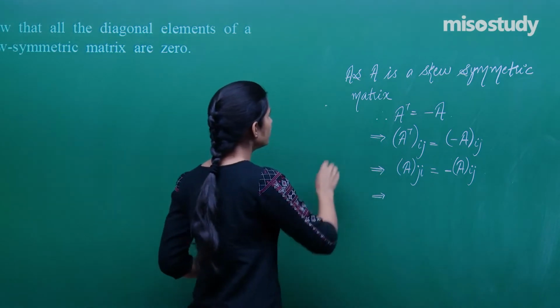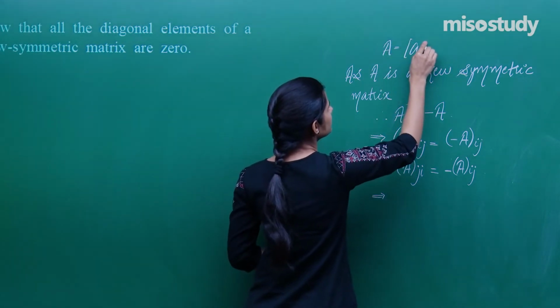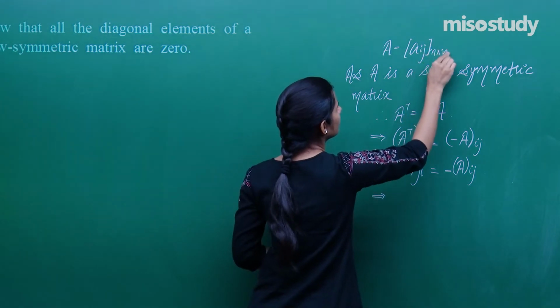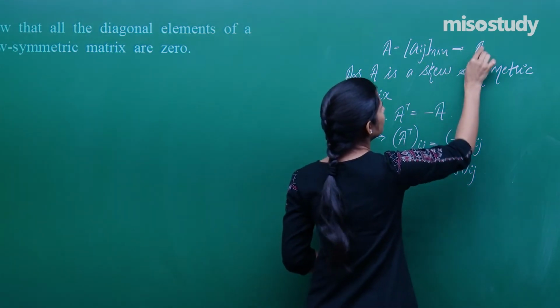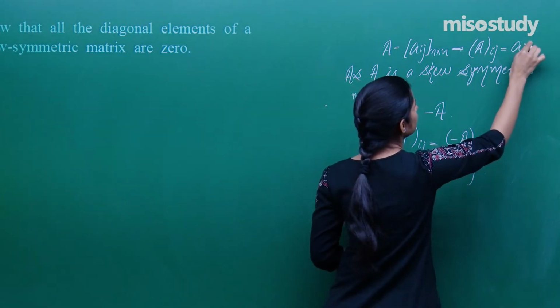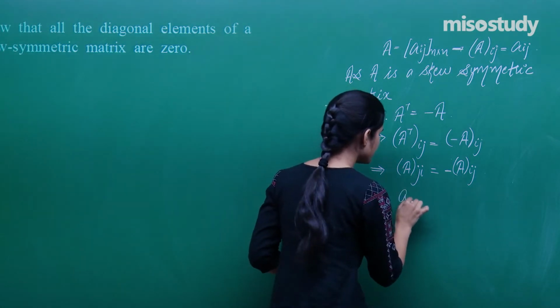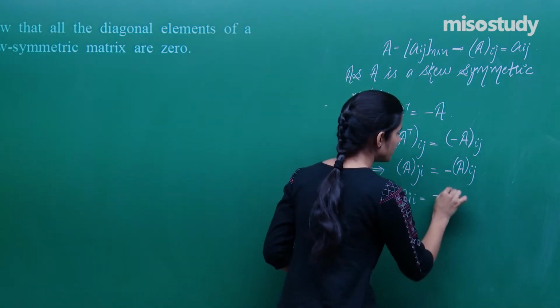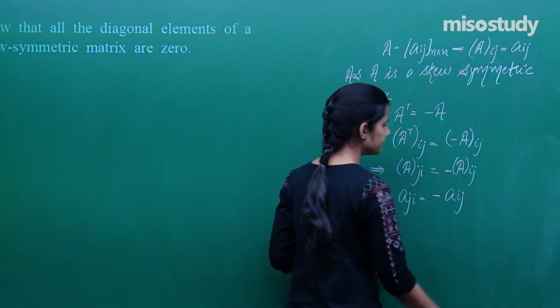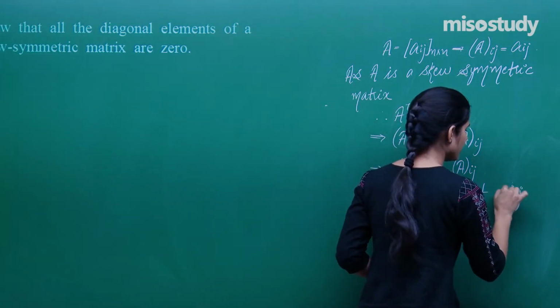If I take A to be like this, it implies matrix A's ijth element is small a ij. So, matrix A's jith element will be small a ji and this will be minus of aij, and this is true for all ij varying from 1 to n.